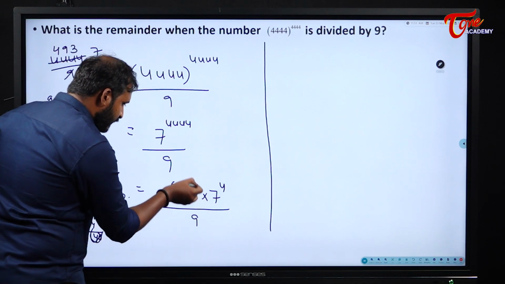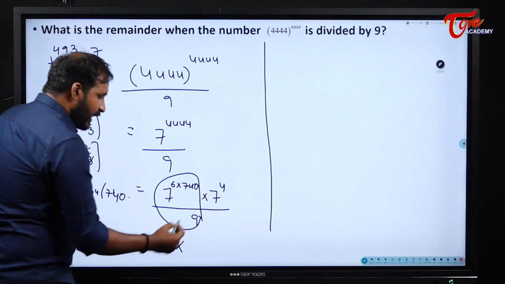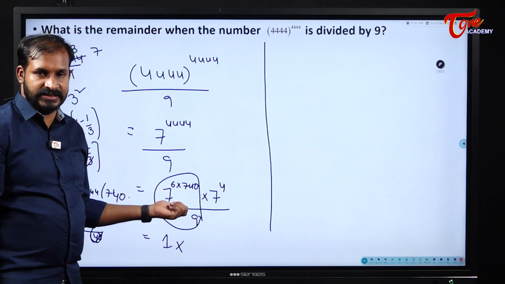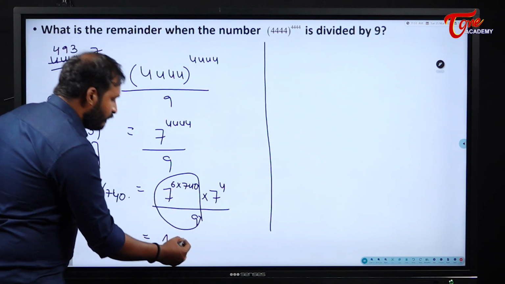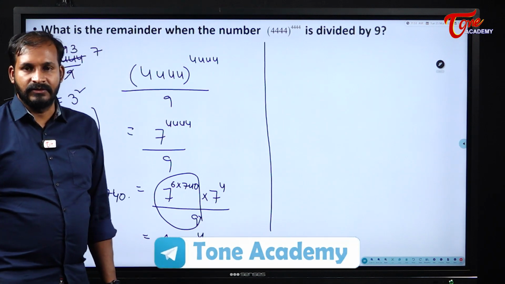Now, the remainder for this is what? 1, from the Euler's concept. 9, Euler number is 6. So, 6 into 740 will be a multiple of 6, so 7 to the power of 6 into 740 by 9 gives remainder 1, and then 7 to the power of 4 by 9.